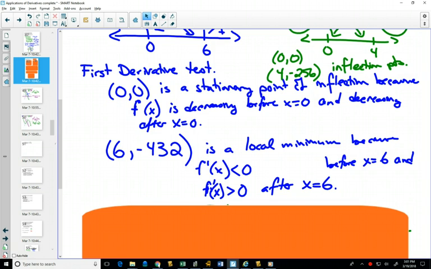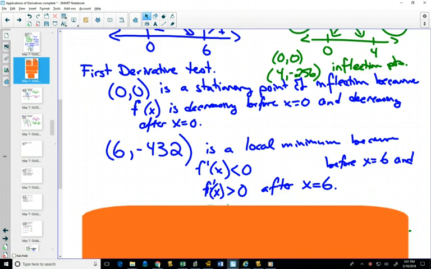So those mean the same thing, and you can choose which one you like to use with the first derivative test. I personally kind of like saying increasing and decreasing because it really makes more sense. The fact that you're saying f prime is less than 0 before and f prime of x is bigger than 0 after doesn't quite have as much intuition as far as telling you that that is a minimum.